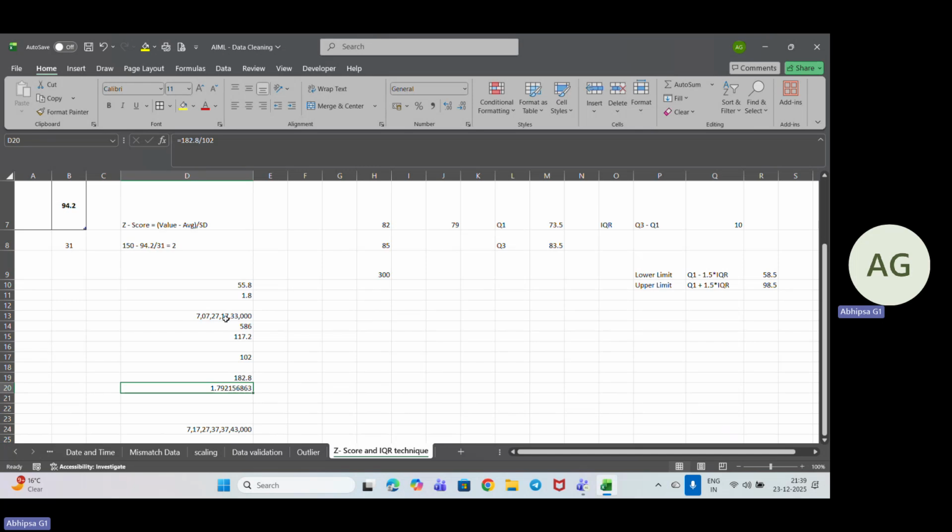So it is of course skewed, and the value 300 is way off from that. So that's why the Z score value we have got is like this. We have not clearly said that this is an outlier because the value is coming as 1.79, that is near to 2 but not more than 2 or near to 3, so we cannot definitely tell that this is an outlier.